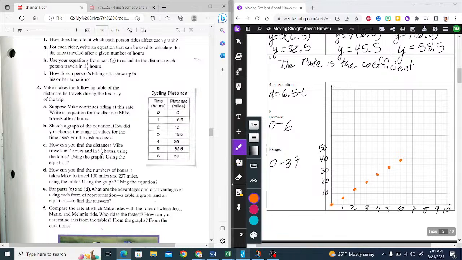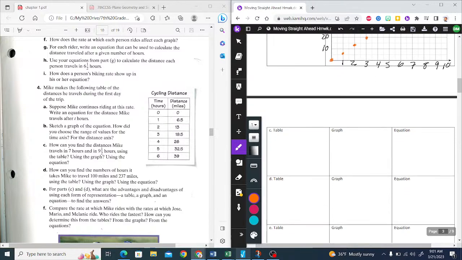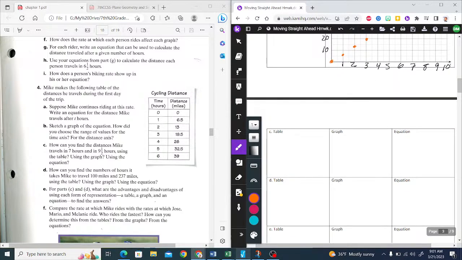Now these questions here are simple written sentences. How can you find the distances Mike travels in 7 hours and 9.5 hours using the table? Well, if I were to use this table here to go 7 hours, I would continue adding the constant rate.